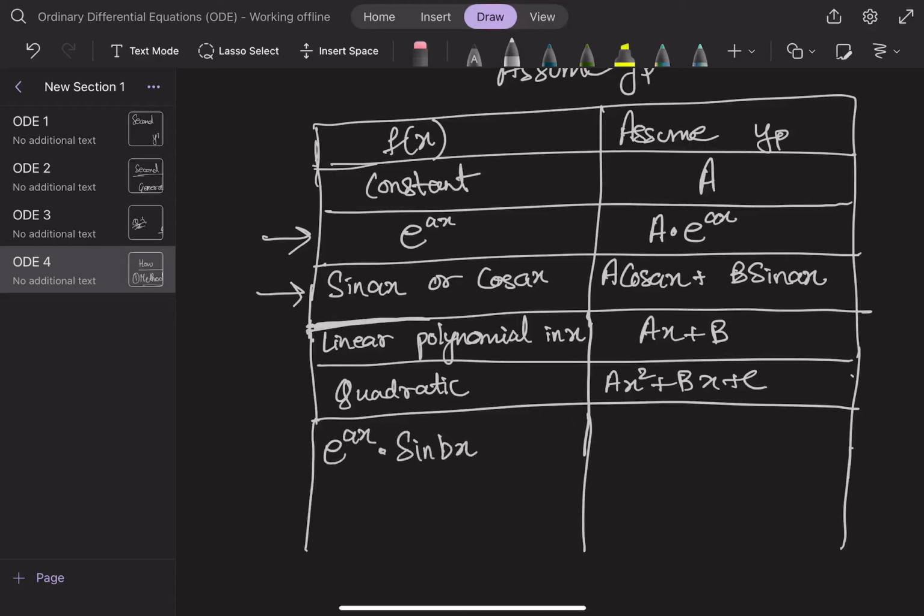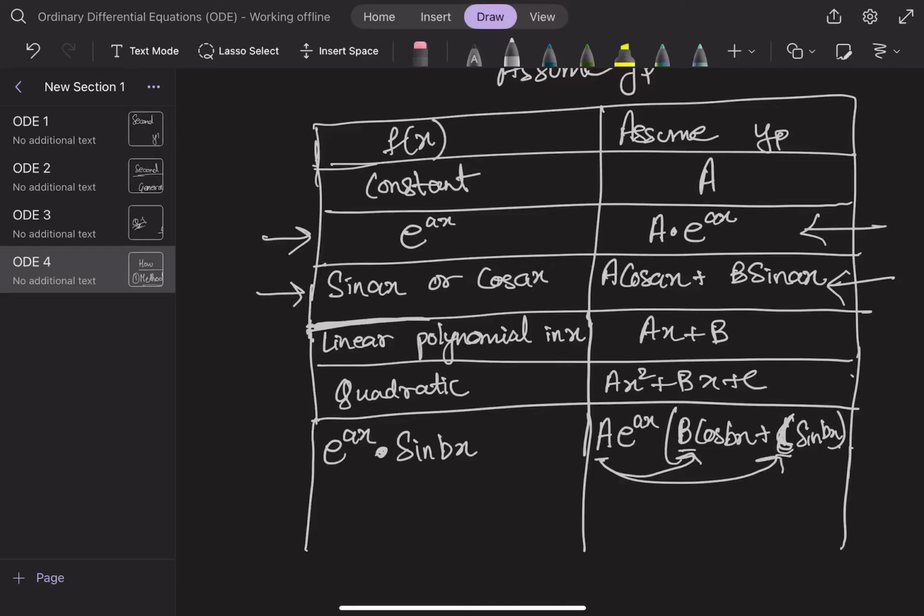What you're going to do is combine them just like these are combined. So A times e raised to ax times (b cos bx plus c sin bx). Now the thing is, here there are three constants, but if you multiply this A inside, it will create an entirely new constant.